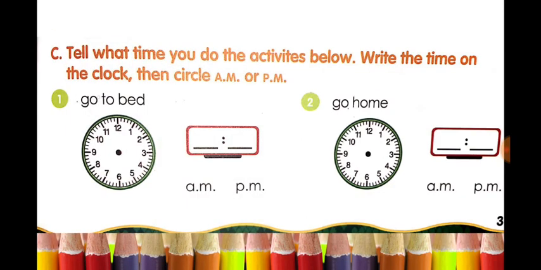Now, question C, tell what time you do the activities below. Write the time on the clock, then circle AM or PM. So this is as you want. I will write mine. I imagine myself in your place and I want to go to bed.